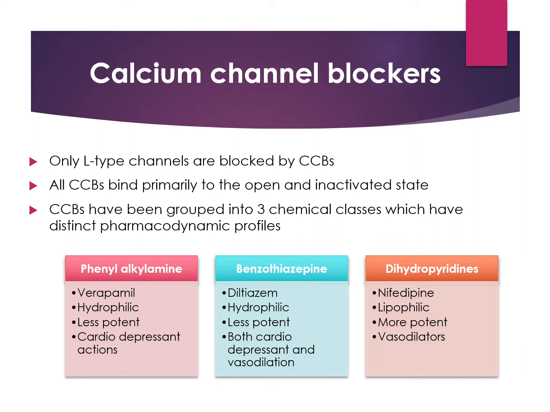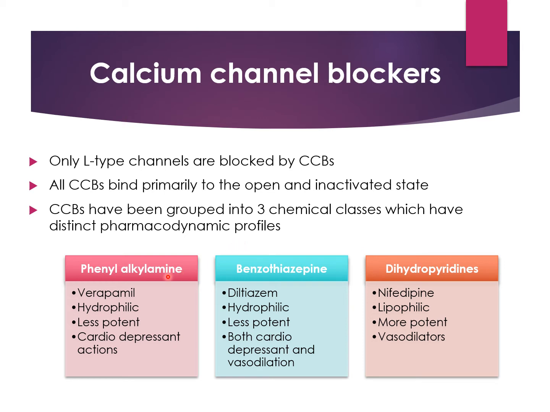The calcium channel blockers are categorized into three subtypes: phenylalkylamines, benzothiazepines and dihydropyridines. Each of them has a specific binding site on the respective calcium channels, and the three chemical classes have distinctive pharmacodynamic profiles.